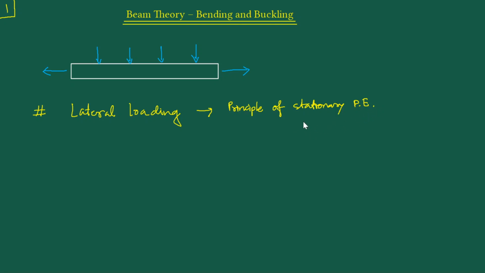So I will discuss this in a moment before this video is over. So don't worry about it at all. The next plan is to discuss again this beam under lateral loading, but using the principle of virtual work. And you will see as we go along what's the motivation of attacking the same problem in two different methods. Okay, and you'll also see the connection between the two.